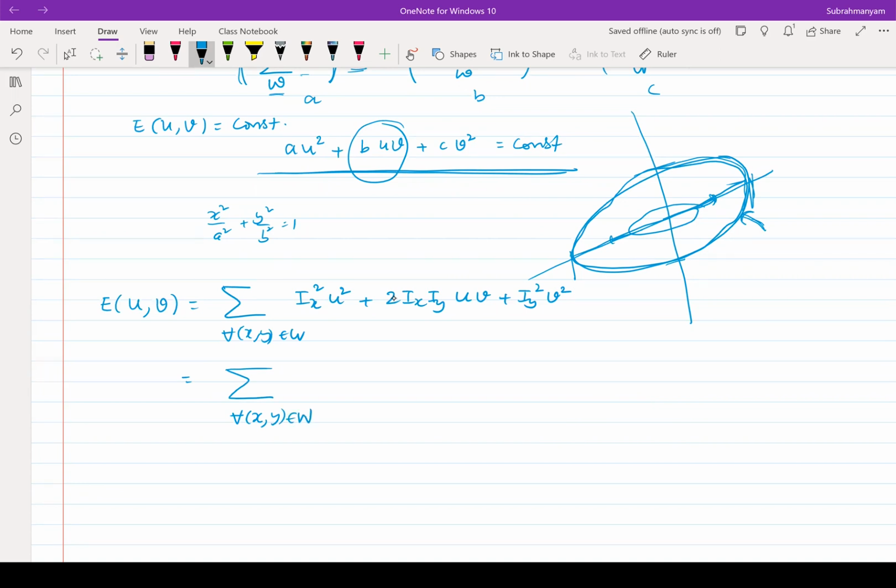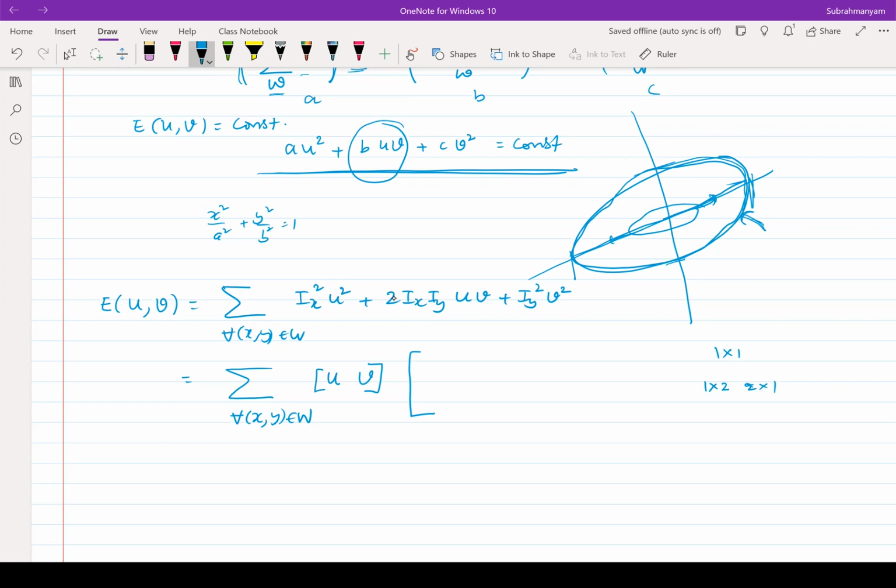So can I write it as, anyway this is a 1 by 1 element. I could write it as 1 cross 2. So let me write here u, v. There is no need to keep a comma there because these are matrices. Then 1 cross 2, then 2 cross 1.